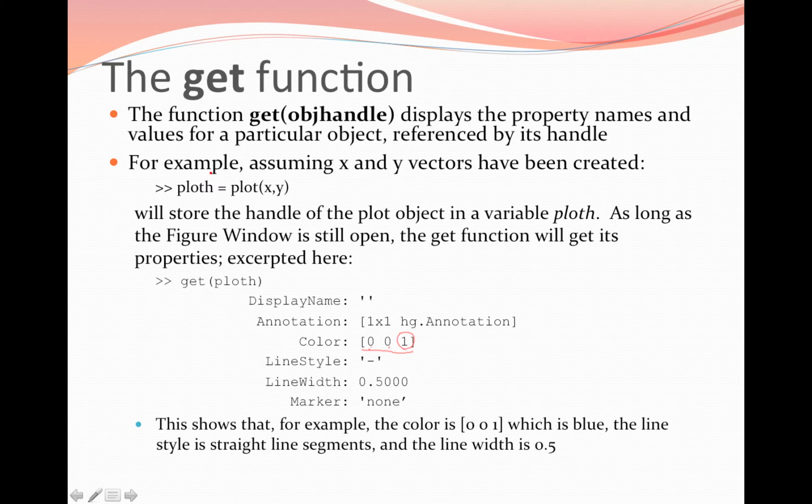And you've probably noticed that that's the default color on graphs. You see the line style is a dash, and the line width is 0.5. And there is no marker that we specified, like an asterisk or something like that, for the individual points. So those are just some of the properties. So you notice with the get function, what you see is the actual name of the property followed by the property.